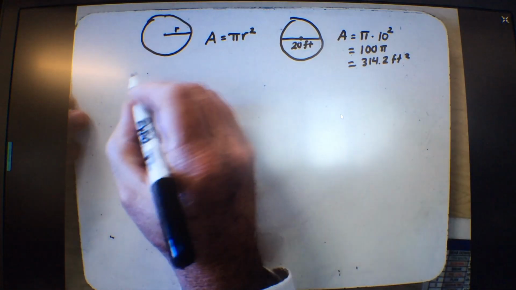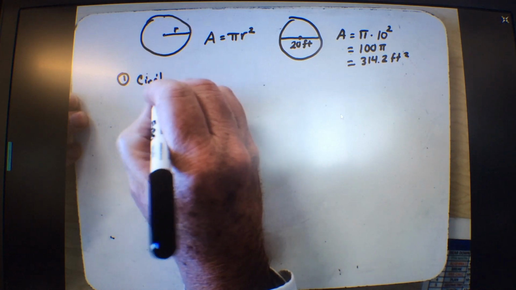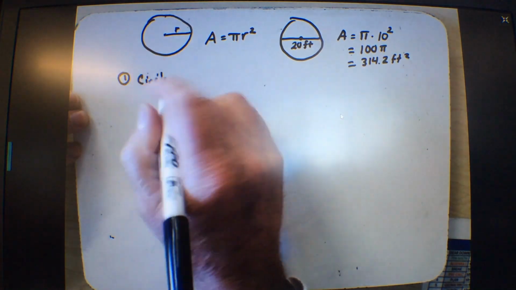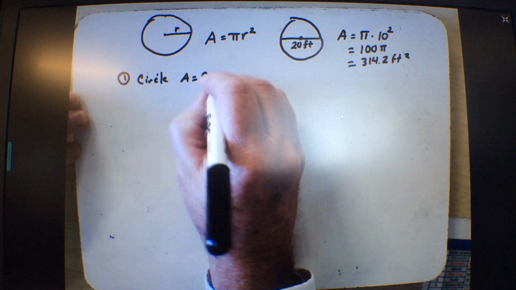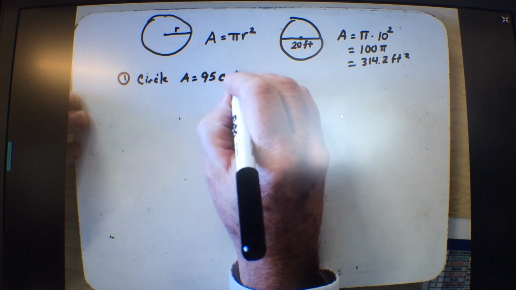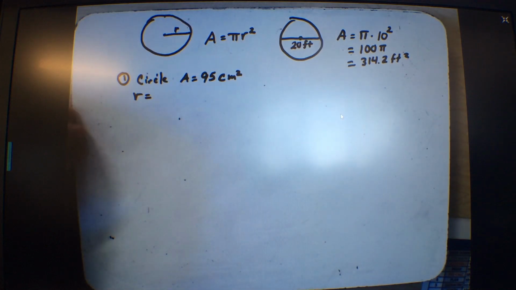Okay, so let's say that I had a circle and its area equaled 95 centimeters squared. Okay? And the question is, how do I find the radius? Divided by.